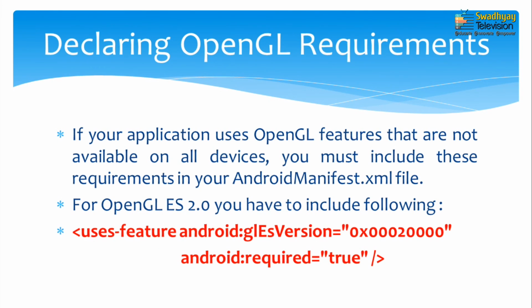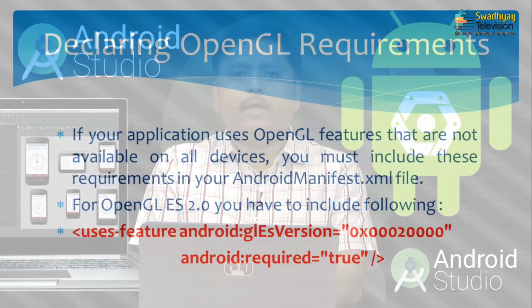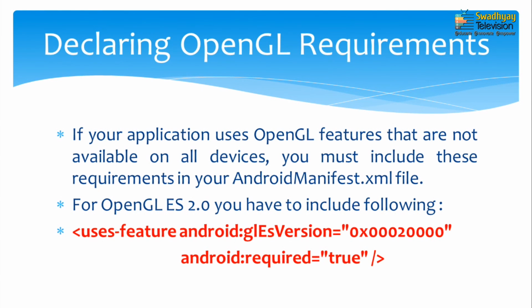Now, we learn how to declare OpenGL requirements inside your manifest file. Your application must inform that it wants to use OpenGL ES. So, if your application uses OpenGL features that are not available on all devices, you must include these requirements in your AndroidManifest.xml file.